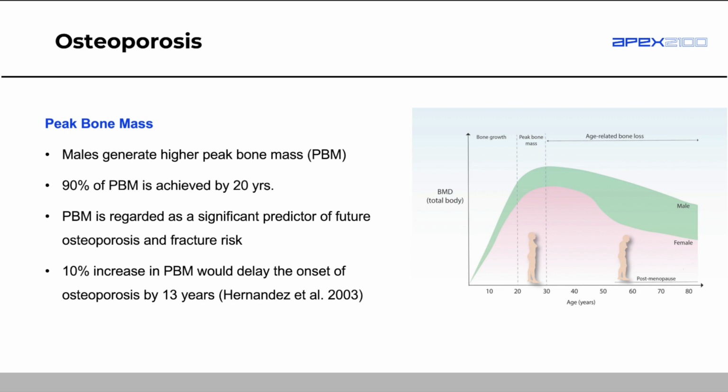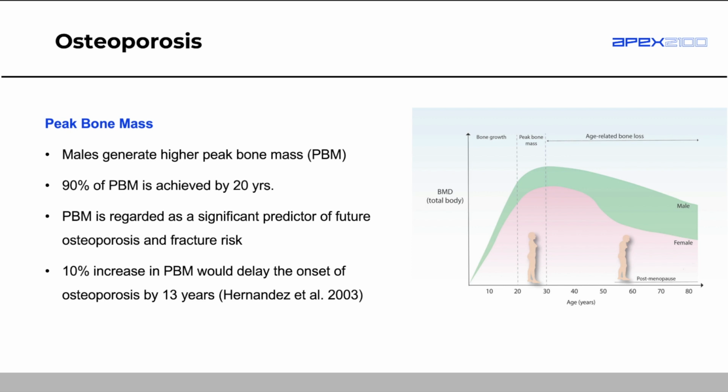What that means is that if we have a lower peak bone mass, through the aging process where we're going to lose bone density, we're more likely to reach osteopenia and osteoporosis status faster than someone who had a higher peak bone mass in their 20s, because as you can see, in adulthood, bone mass does decline. So a 10% increase in peak bone mass would delay the onset of osteoporosis by 13 years.